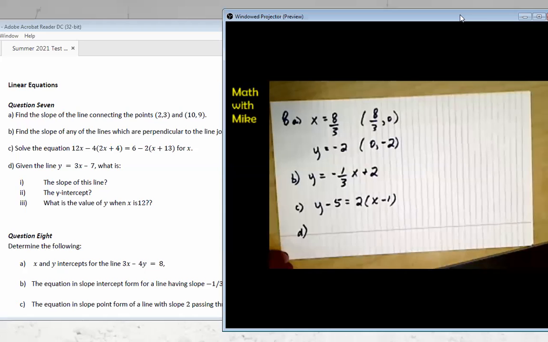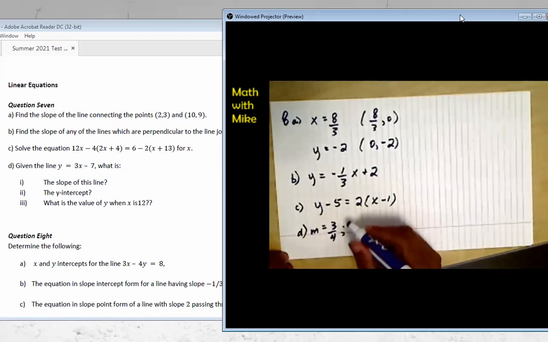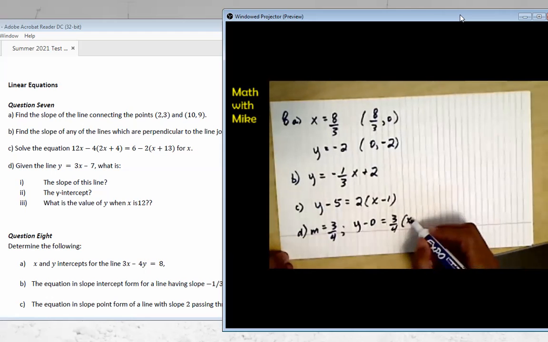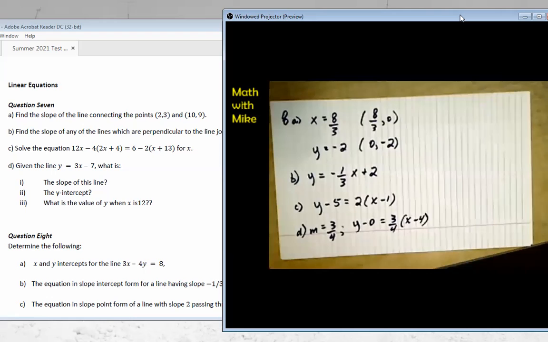You do the work, you'll get the slope is equal to 3/4. And so that means the answer, if you leave it, it's going to have that -0 in there. But if you take it further, that 0 will go away and be some slightly other version, but that should be okay for the slope point form.